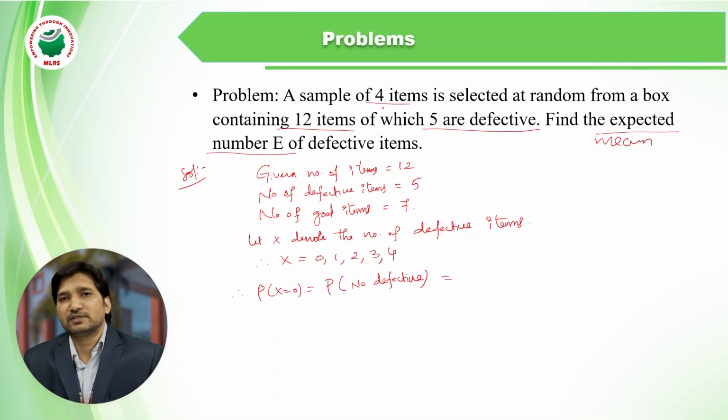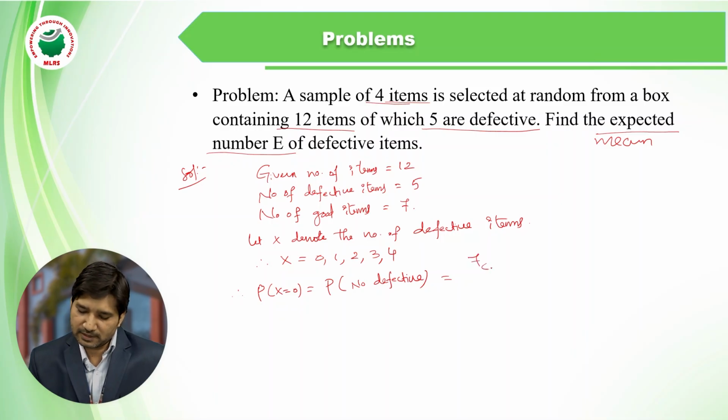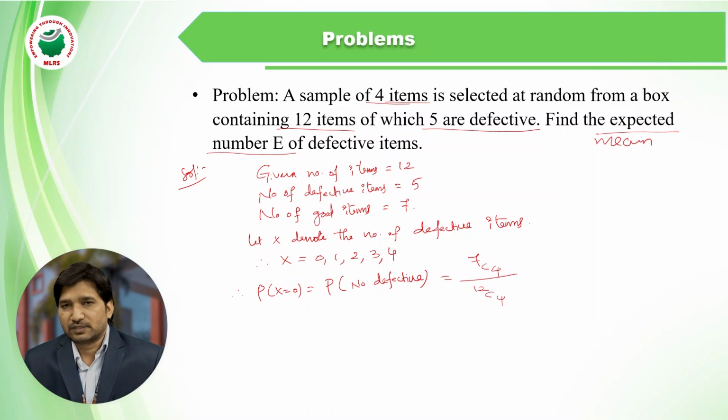The number of favorable cases is no defective items, so we select only good items. How many good items are there? 7. Out of 7 good items we select 4, that is 7C4. So P of X equal to 0 is 7C4 divided by 12C4. Now calculate this.